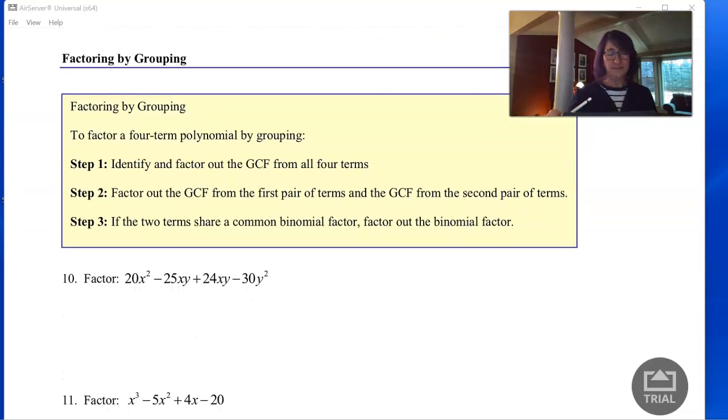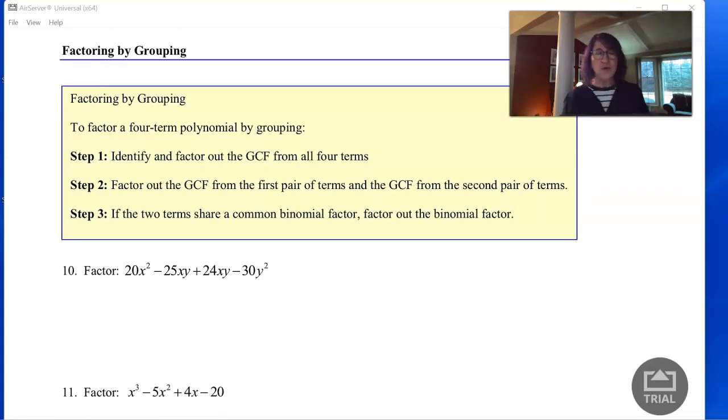All right. So now we're going to learn a new technique for factoring. So the first technique was just factoring out a greatest common factor. And when you're looking at factoring, you always want to look for a GCF. Second is a strategy, factoring by grouping, and you use this strategy when you have a 4-term polynomial.